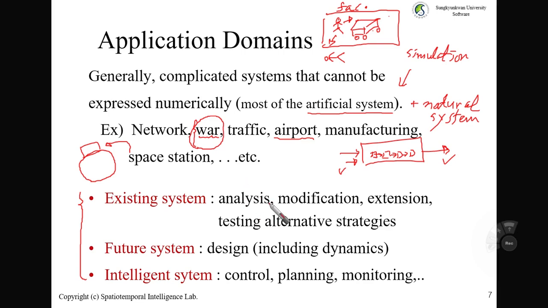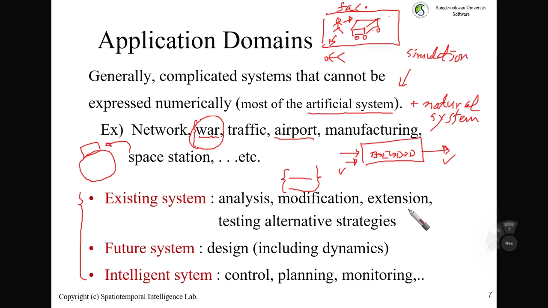And after analysis, we can modify to improve the performance, modify structure or modify the strategy. It can be physical or it can be just something related to mental. We can modify in terms of these two aspects.